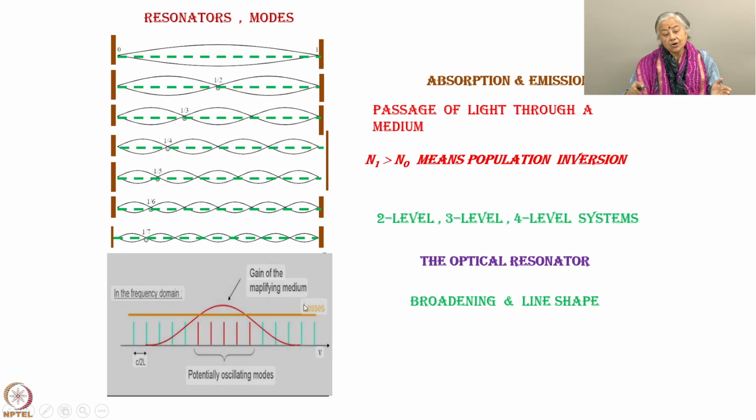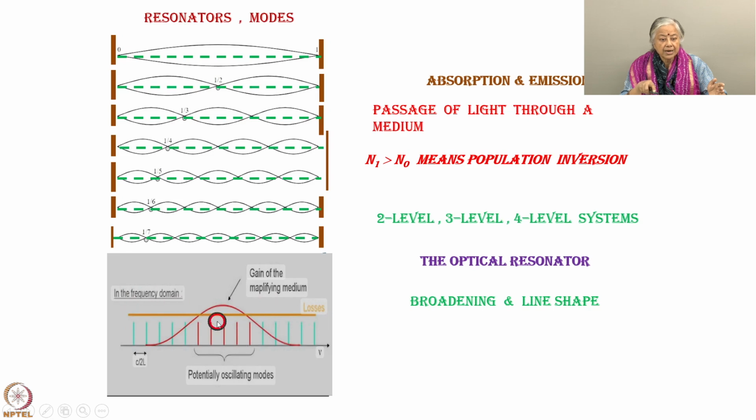So, periodically oscillating modes. Now, which frequency will be finally possible in a lasing medium will depend on all the losses. Some of these frequencies may just lose out in the cavity itself. So, you have something like this loss line, which is an imaginary line, okay.